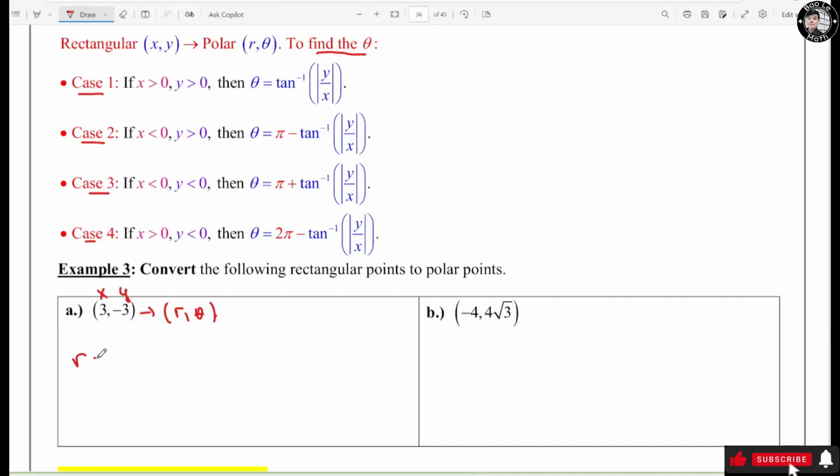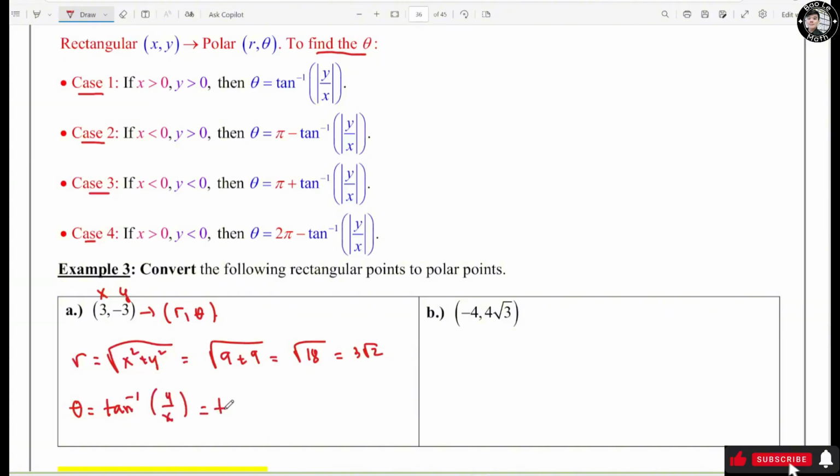So you have r equals square root of x squared plus y squared. So it could be square root of 9 plus 9, so square root of 18, so it could be 3 root 2. Now angle theta is inverse tangent of y divided by x.